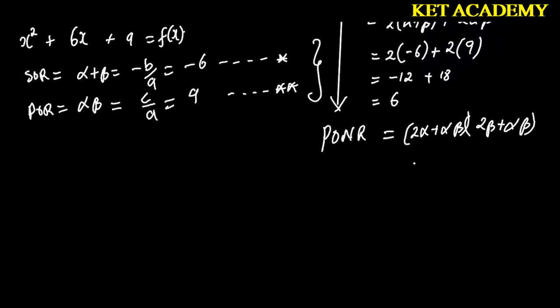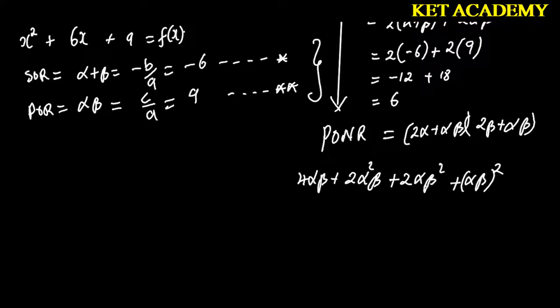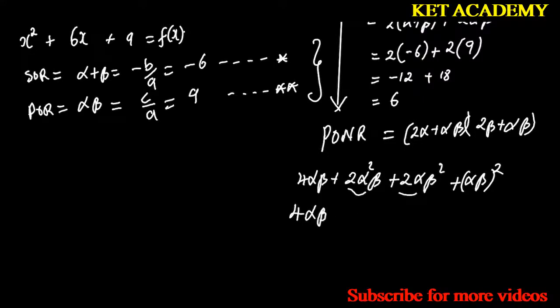Doing the normal expansion, we have 4 alpha beta plus 2 alpha squared beta plus 2 alpha beta squared plus alpha beta all squared. Now that is a normal expansion. We notice that this and this look similar, but this is just 4 times the product of roots, so we maintain it as 4 alpha beta. Here we see that something is common. First of all, 2 alpha beta is common. We'll be left with alpha there plus beta there.